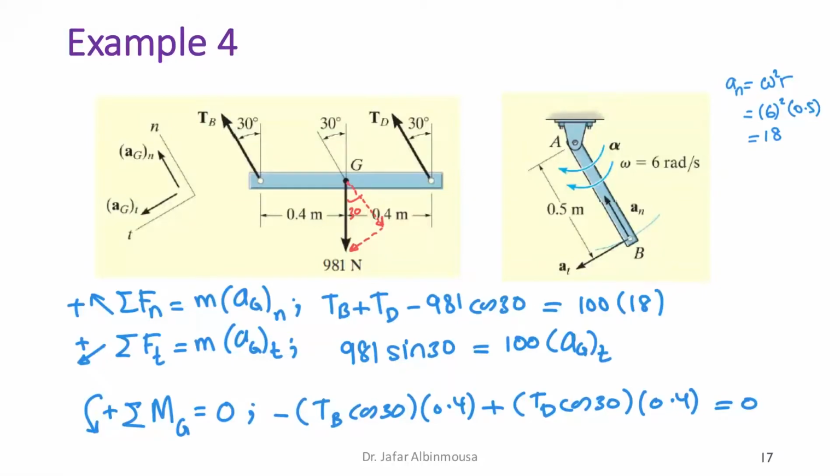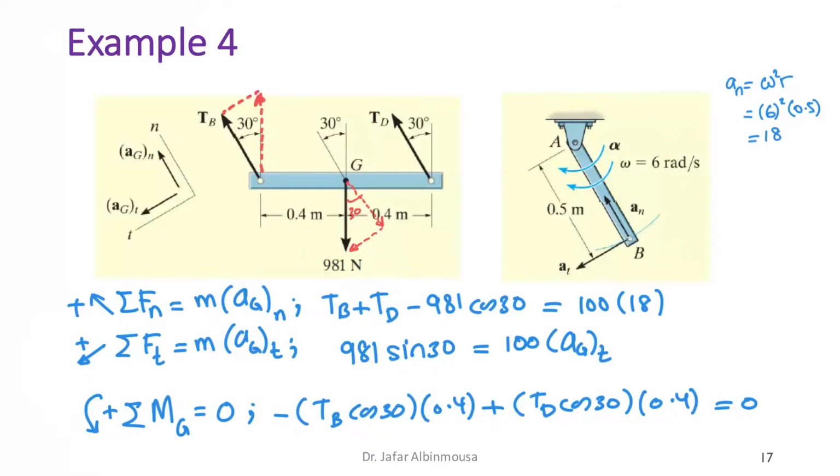If I want to explain this, this is TB, and we are taking its cosine component, which is this one, and we are multiplying it by 0.4. Clearly, this component will cause rotation about G which is clockwise, and this is why it is negative.